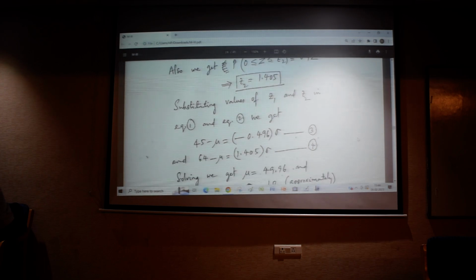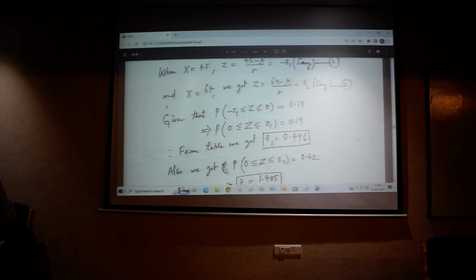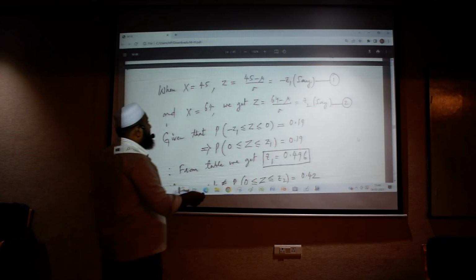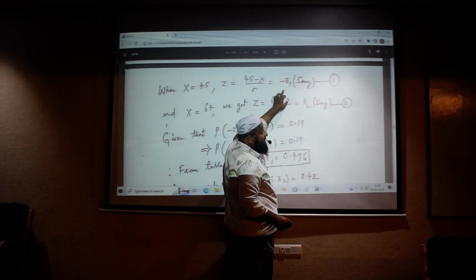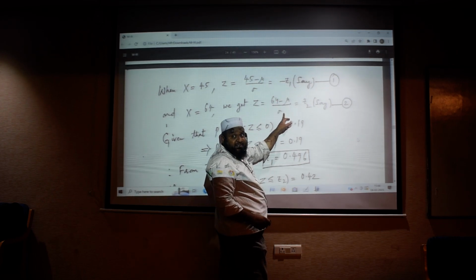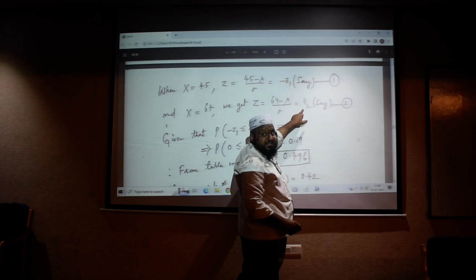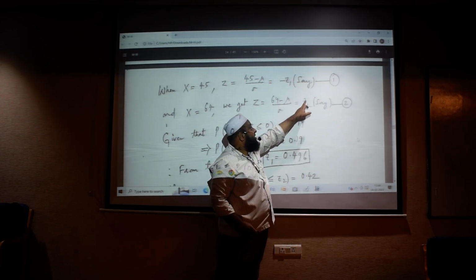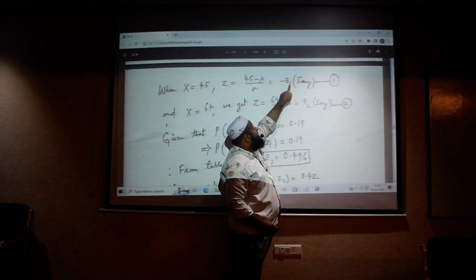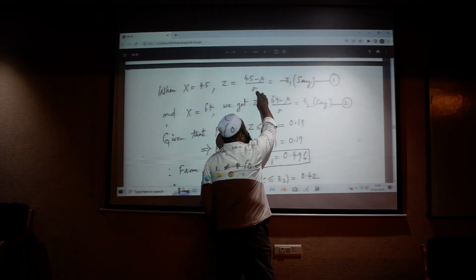Substituting these values, what were the equations we had earlier? 45 minus mu by sigma is minus z1. 64 minus mu by sigma is z2. Now we got the values of z1 and z2. You substitute those, then sigma comes to this side.